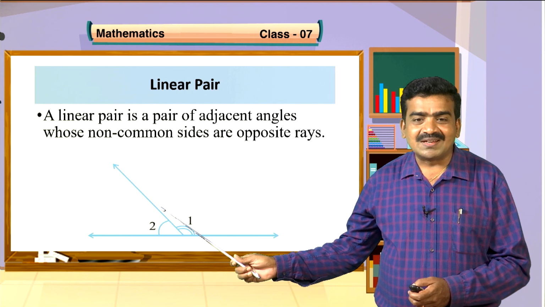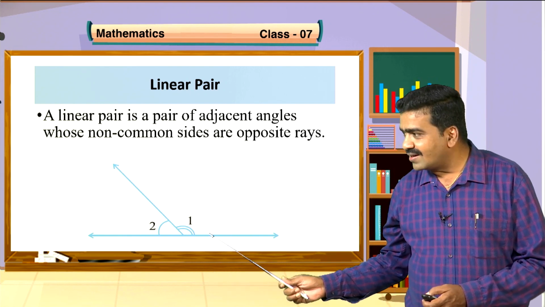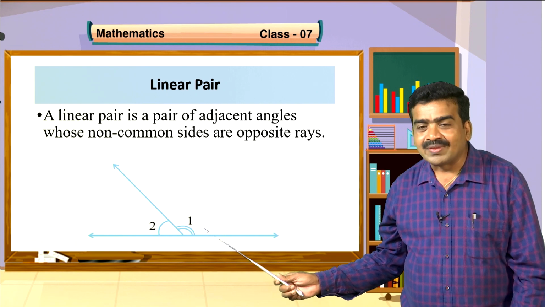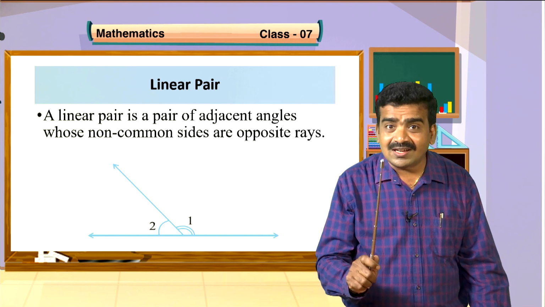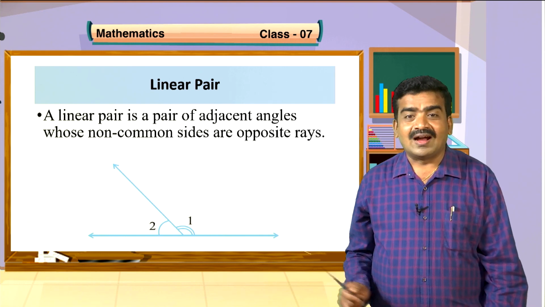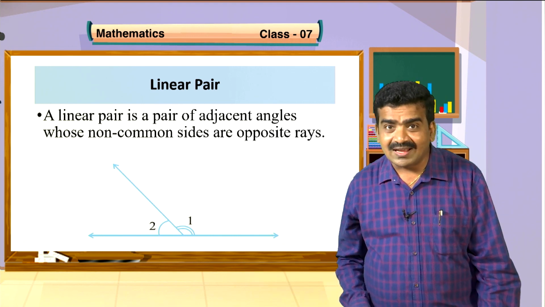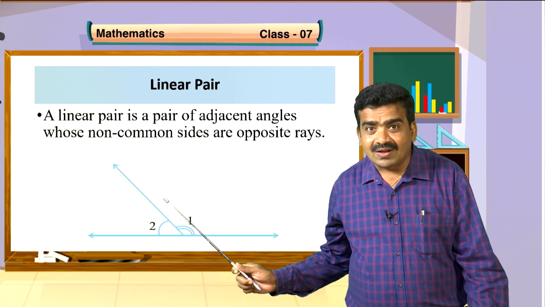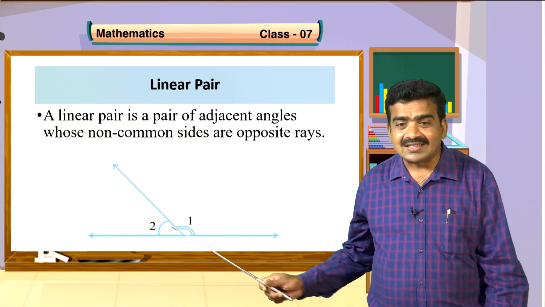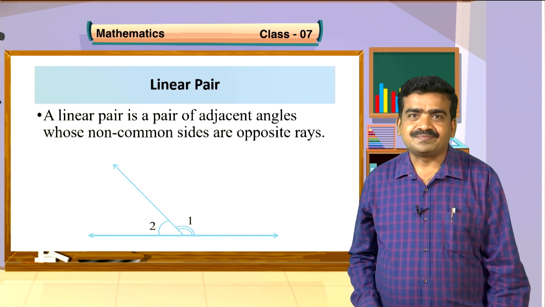Here this one is the common ray and these two are the non-common rays, and these two are opposite to each other. That is the speciality of the linear pair. And this linear pair is also an example for supplementary angles and for adjacent angles, because we can notice a common vertex and a common side.